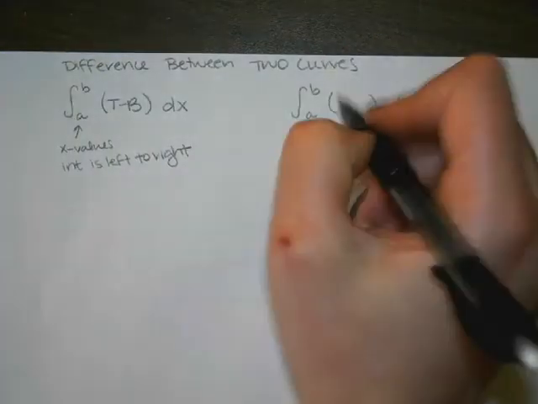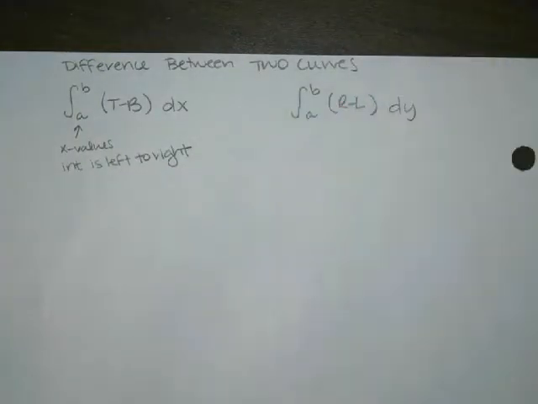Okay, so that means that this one would be right minus left, and the a and the b value would be y values. So our interval would be from down to up.